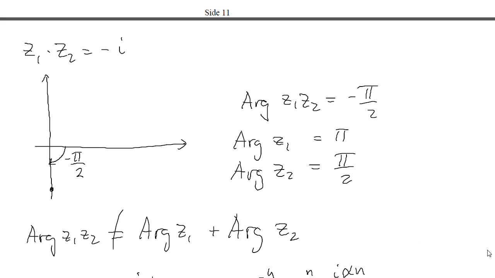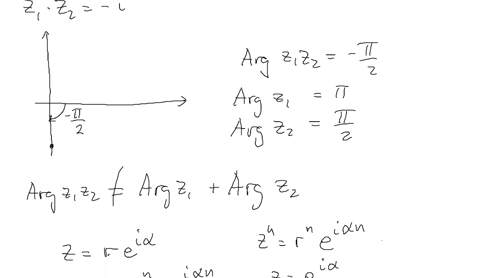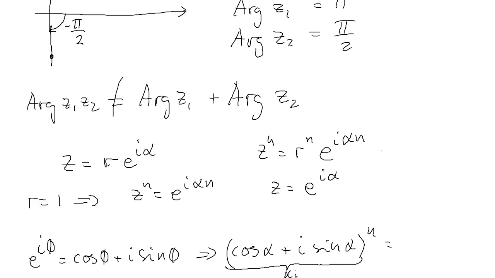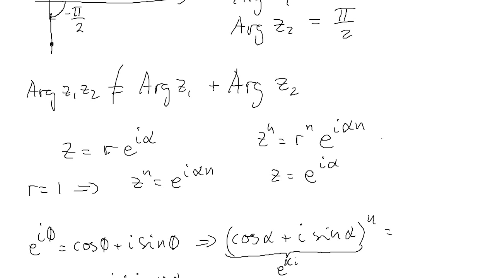But what we see here is that the principal argument of z1 is π, and the principal argument of z2 is π/2, so the sum of them is 3/2 multiplied with π, which is not the same. So here we have an example where we cannot use this formula generally for the principal argument of complex numbers.